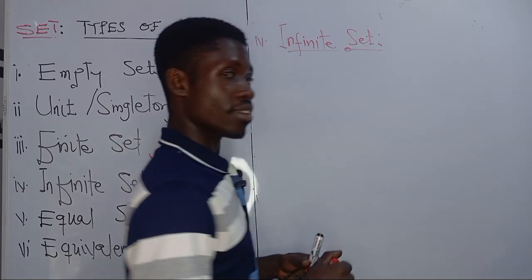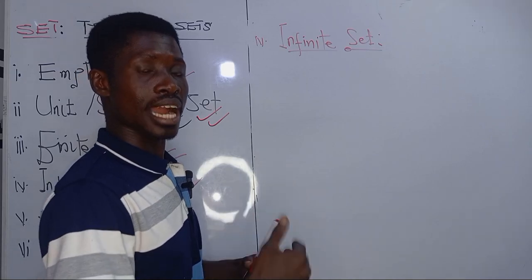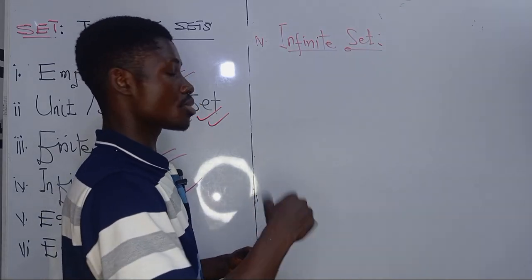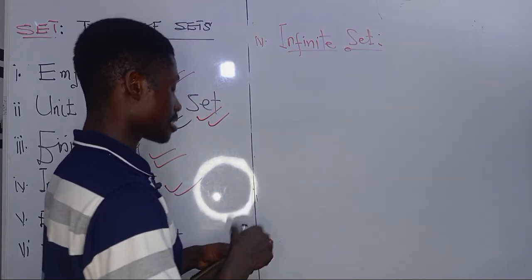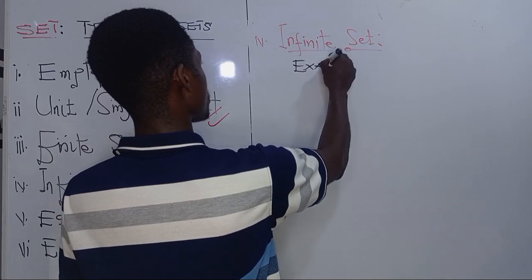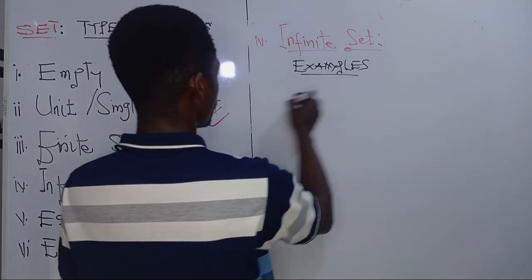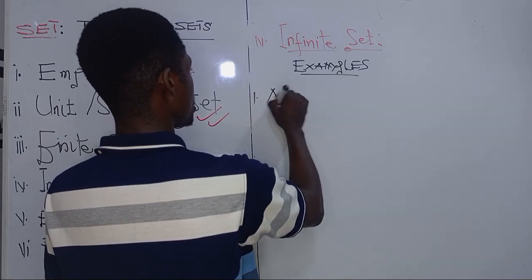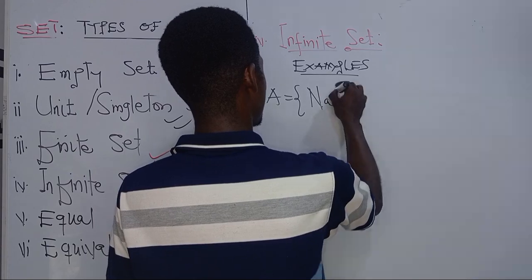So when we talk about the infinite set, we are referring to a set whose last element cannot be found, or a set which does not come to an end. So we have examples. We can talk of, let's say you have set A, and this set A contains natural numbers.